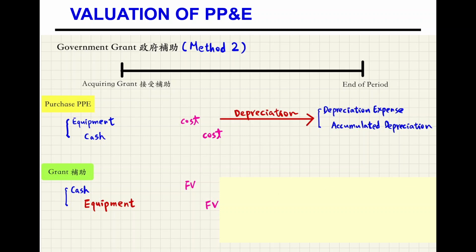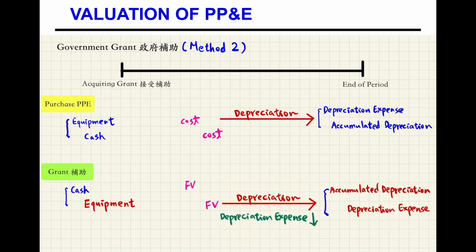So still do the depreciation because matching principle told you you have to match your related expenses. But when we do the depreciation, here means what? Depreciation expense decreases, right? Because equipment decrease means depreciation expense decreases. So did you find out upper this side? So upper this side, we still got the same result.